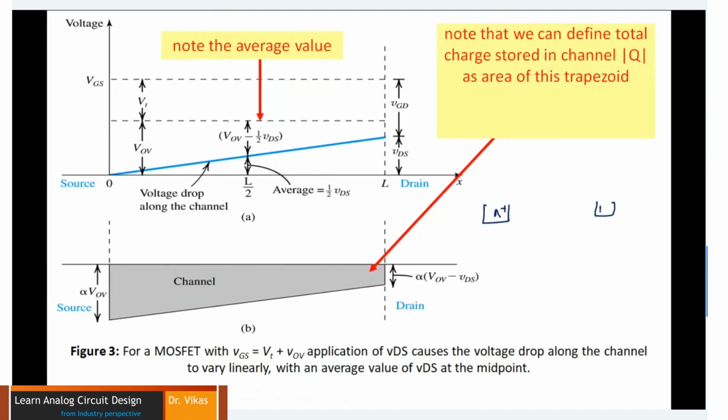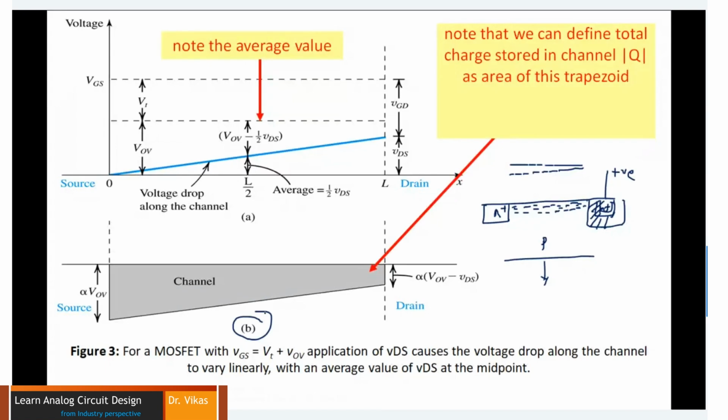In the last session, we saw that the N plus region gets more and more positive and the P substrate gets more and more negative, and as a result a depletion region forms, behaving like a simple PN junction diode. The channel would be eaten up by the depletion region, the reverse biased PN junction region, and my channel would look something like this, as shown here in figure number 3b.